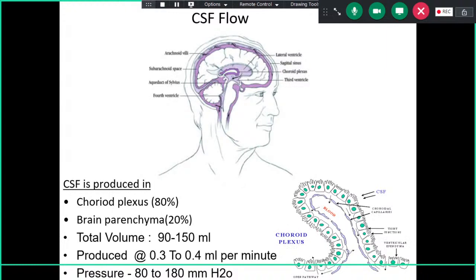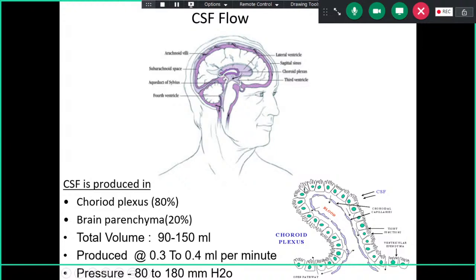One of the important components in the CNS is the cerebrospinal fluid. I already told you that cerebrospinal fluid circulates in the subarachnoid space, but it actually originates in the lateral ventricles as well as the third ventricle and the fourth ventricle.